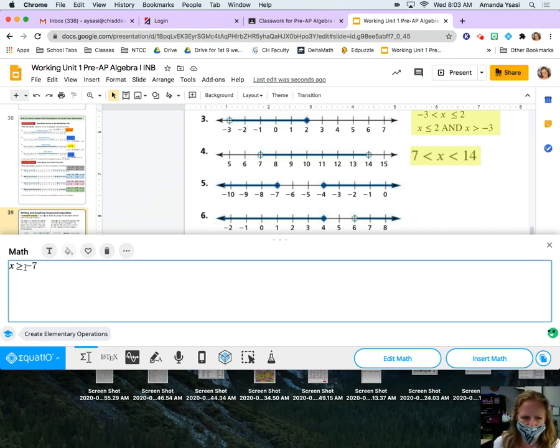Yes, and I wrote greater than. Seeing if y'all were paying attention, you know. Or x is greater than or equal to -4. I'm going to change this or to text and put a little bit of space in between there.